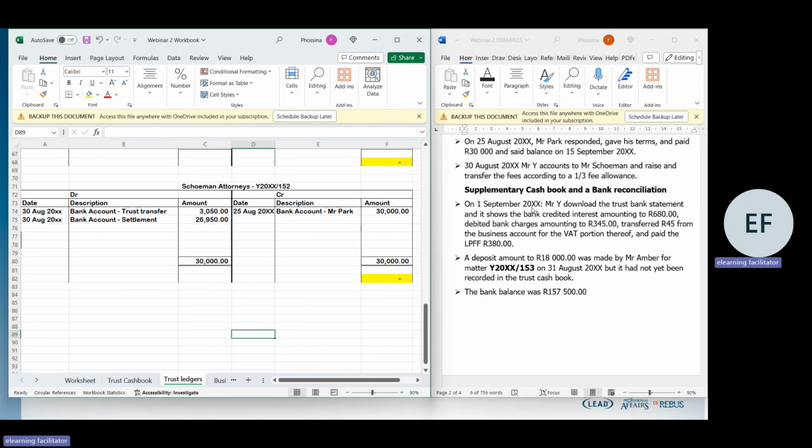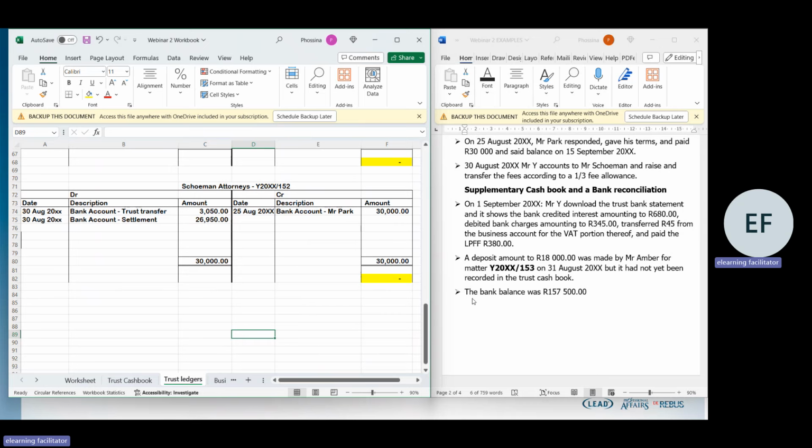On 1 August 20XX, Mr. Y downloaded the trust bank statement, and it shows the bank credited interest amounting to 680, and then debited bank charges amounting to 345, transferred 45 Rand from the business account for the VAT portion thereof, and paid the LPFF 308. So this is in our trust account.